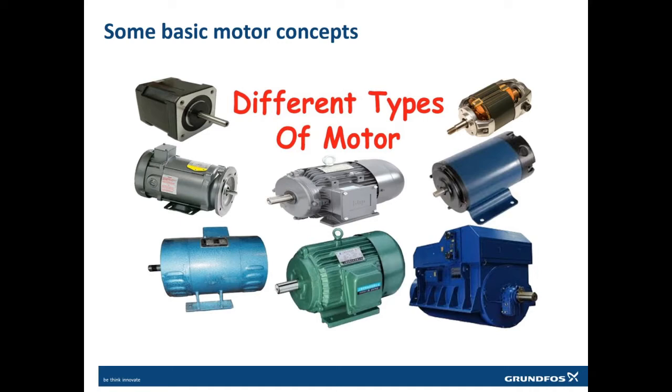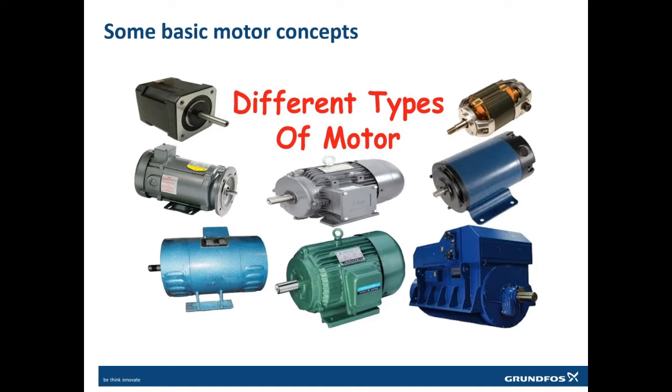But the most used and most economical motor in the world today is the squirrel cage induction motor. This squirrel cage induction motor is the motor we are going to talk about today, and it is the motor you will find in all the pumps, all the exhaust fans, all the fans in the world, all the HVAC compressors, everywhere in the world.